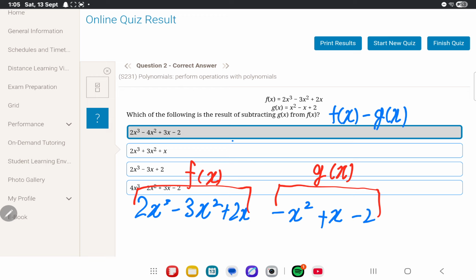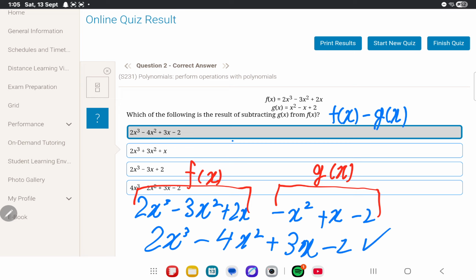Remember, I just distributed the negative sign, so it's the opposite of everything. A negative becomes a positive, and a positive becomes a negative. So 2x cubed stays the same because we have nothing to simplify it with, minus 3x squared minus x squared is minus 4x squared. Then plus 2x plus x becomes plus 3x, and minus 2 has nothing to be simplified with, and this is our answer.